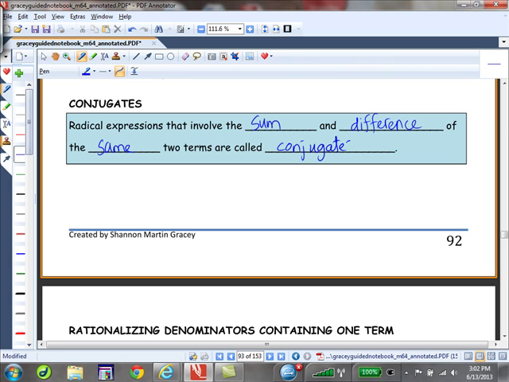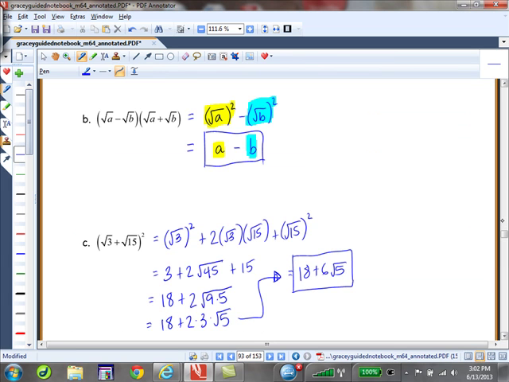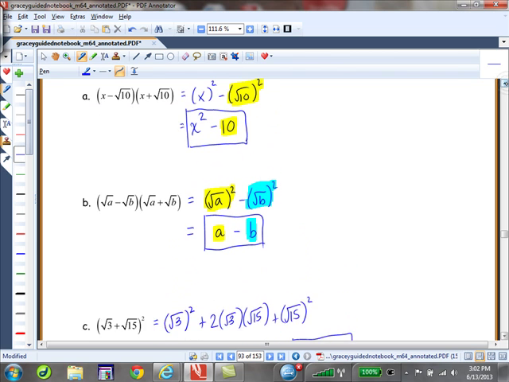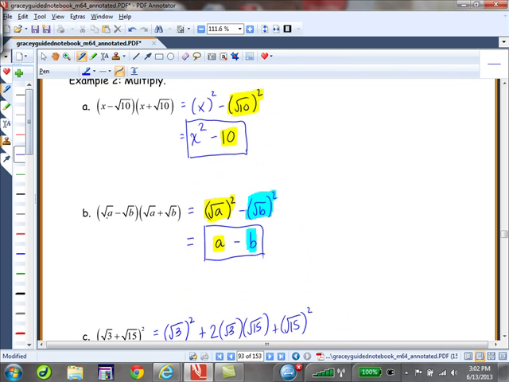So in the example above, in part B, each of those factors were conjugates. Root A plus root B is the conjugate of root A minus root B, and vice versa. And the first one, x plus root 10 is the conjugate of x minus root 10, and vice versa.